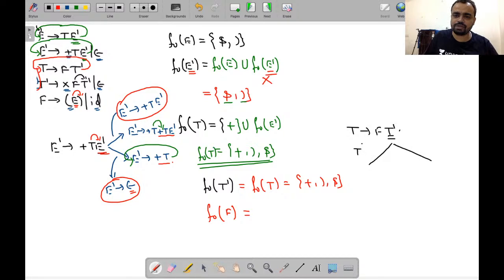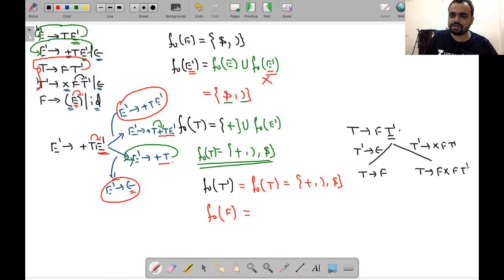Once you reduce the t dash by epsilon, then t will become f, and if you reduce the t dash by multiply f t dash, it will become t to f multiply f t dash.